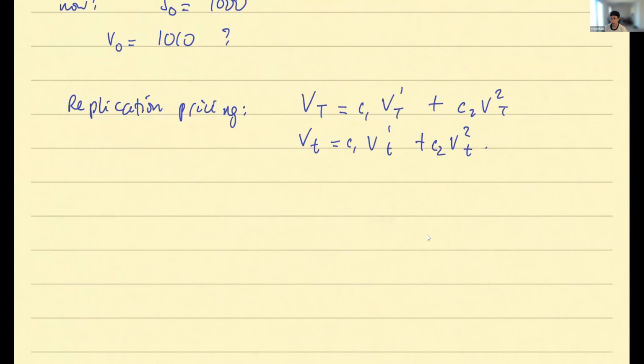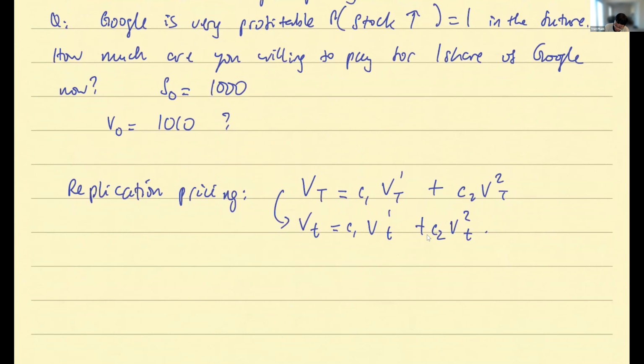Is that okay? Notice that it implies that if the future value matches like this, then the current value also must match like this. What that says is that pricing is a linear activity.